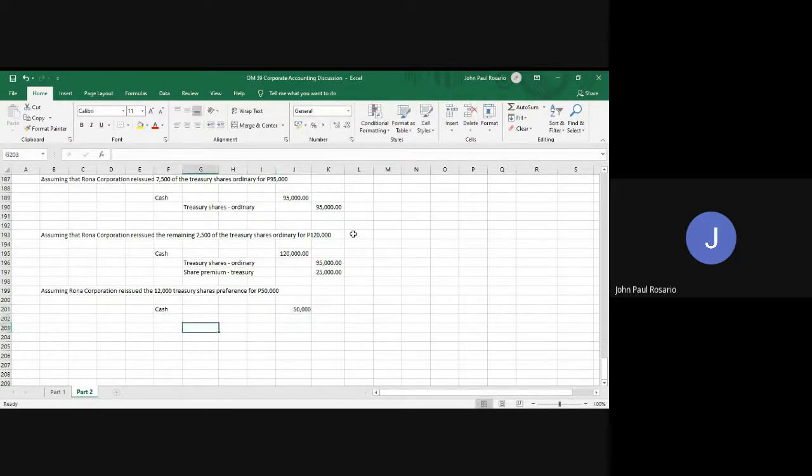Plus remember guys that we have treasury shares preference.